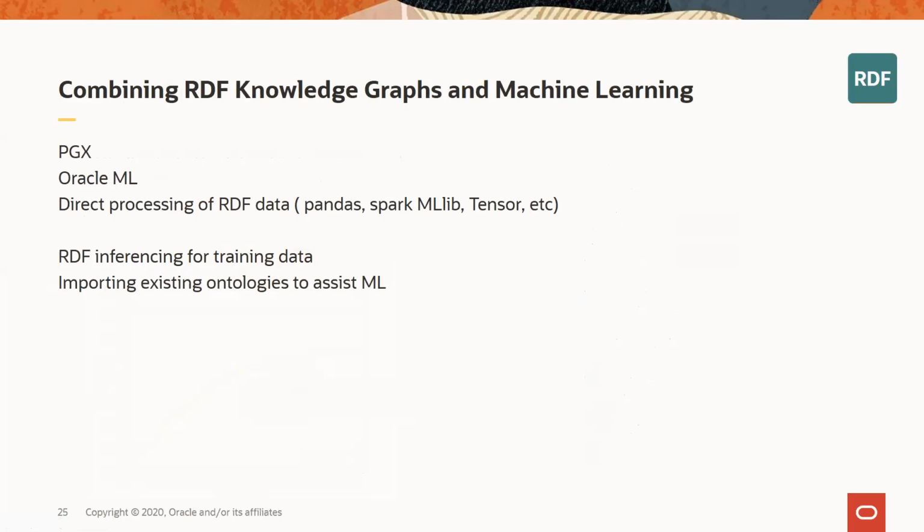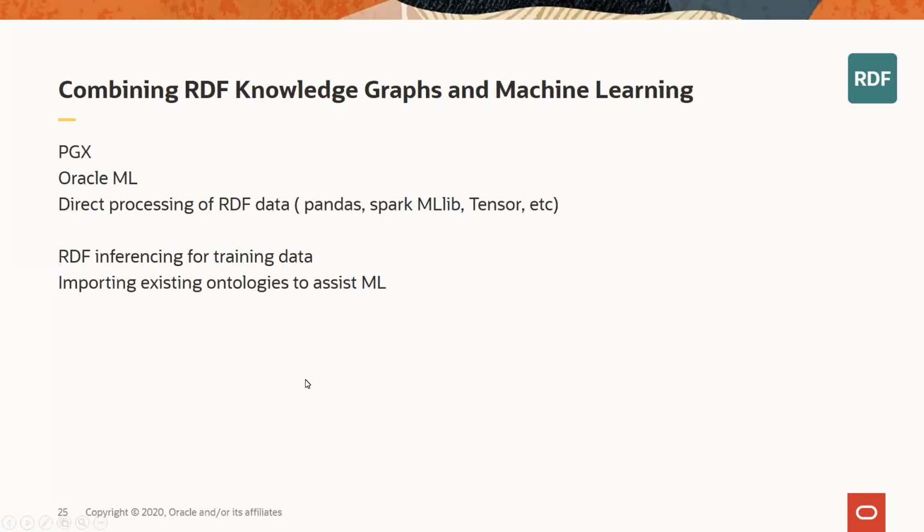Emma? Yeah, just very quickly. So there's no inbuilt machine learning as such, like what Gianni was talking about, but you do have the ability, especially within the Oracle database, to export your knowledge graph directly into PGX and run all of those algorithms that you saw there.